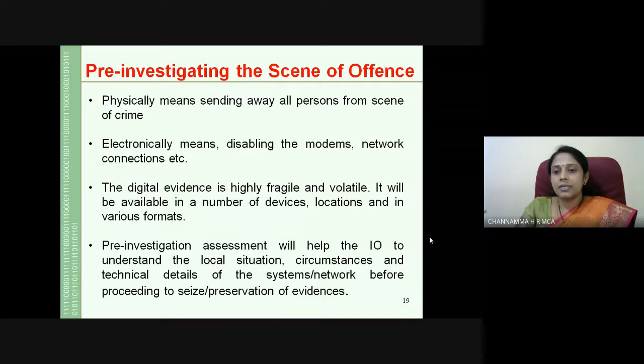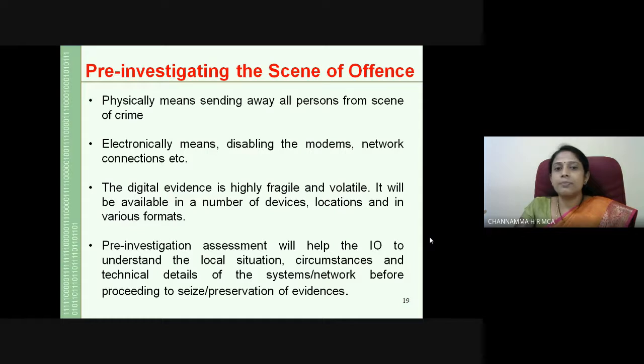So for example, if a crime happens with data modification, or with money laundering, the investigation of different crimes is done in a different manner. For a particular crime, what necessary evidence should be collected, all that should be studied in the pre-investigating process.